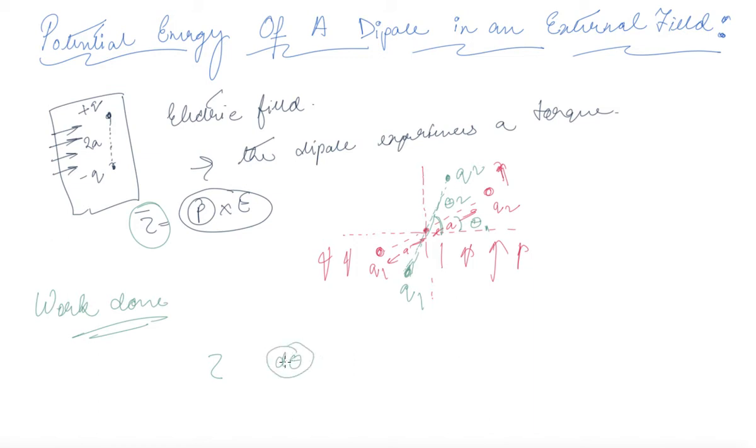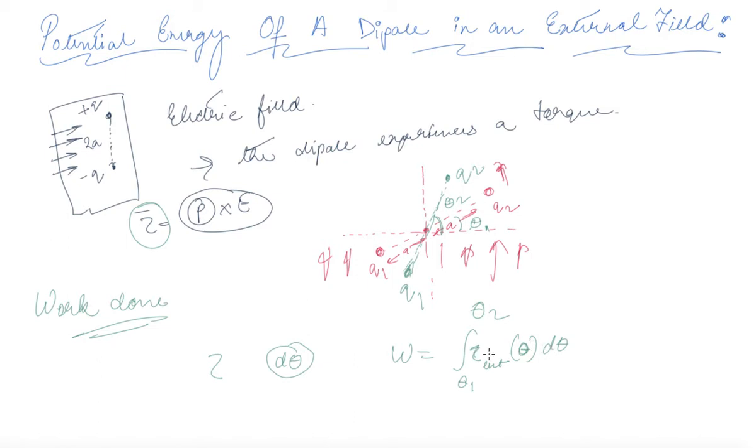The work done, from theta 1 to theta 2, where the final position is theta 2 and the initial position is theta 1, is the integral of the torque due to the external electric field times d theta.